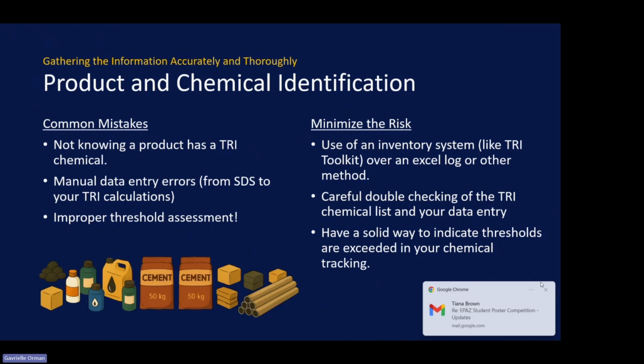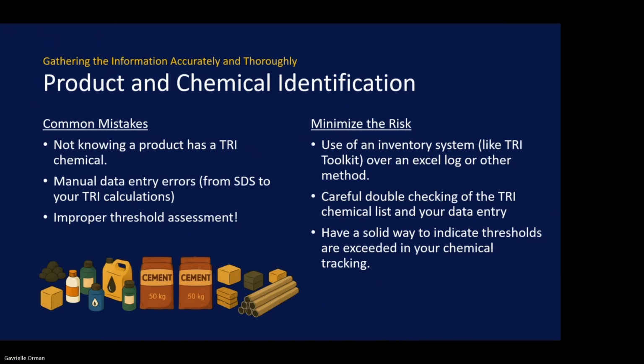So make sure that you have an accurate way to parse through your SDS tracker and get all of that information from it. TRI Toolkit, which I'll show you a demo of at the end of this presentation, does have a sort of inventory system that highlights where TRI chemicals are present in your processes.